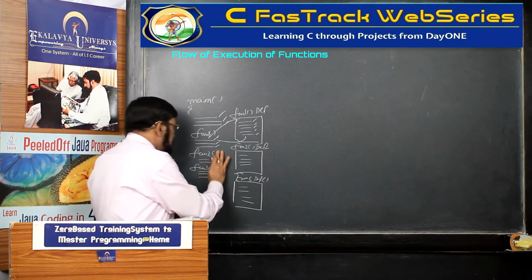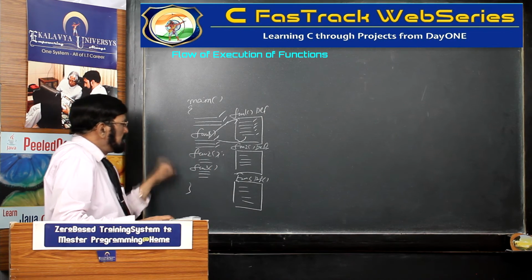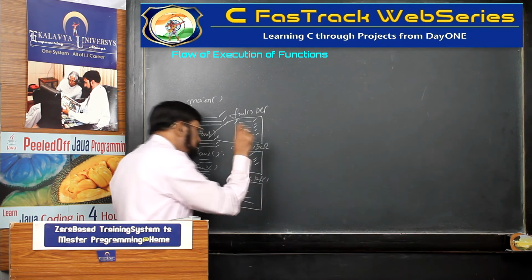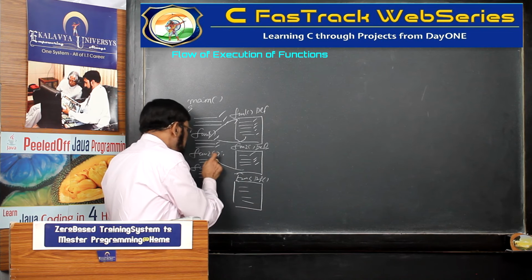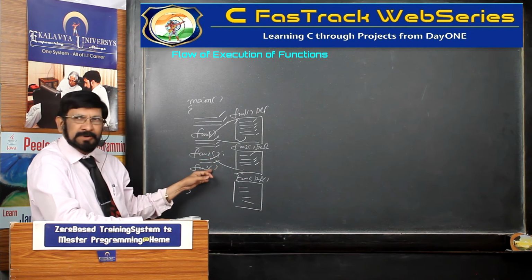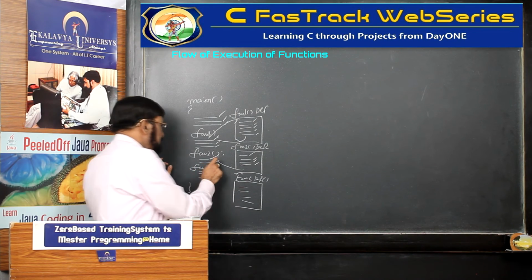Thereafter, immediately it finds the function 2 call. Then it stops its work in the main and goes to the function 2 definition, statements 1, 2, 3, 4. It executes. Thereafter, it comes back to the main where exactly it stopped the work and starts doing the remaining statements. Then it finds the third function call, that is function 3.